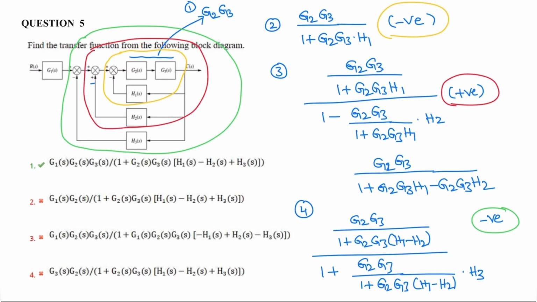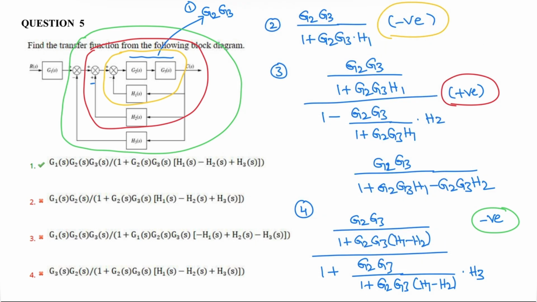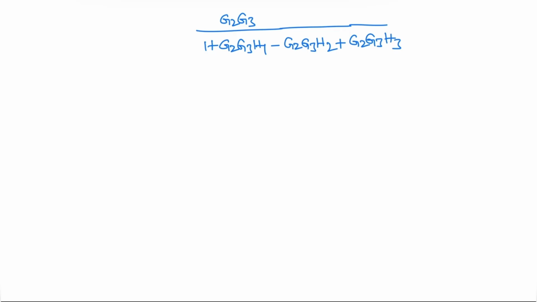Again, in the problem there is one more series connection, that is G1 of S. So G1 of S is also there, so we need to keep this one, multiplied with G1.